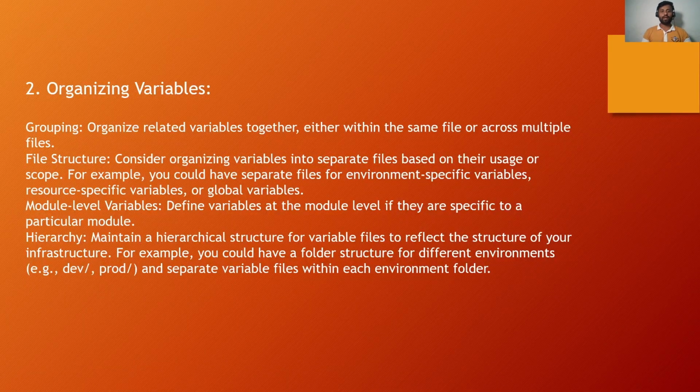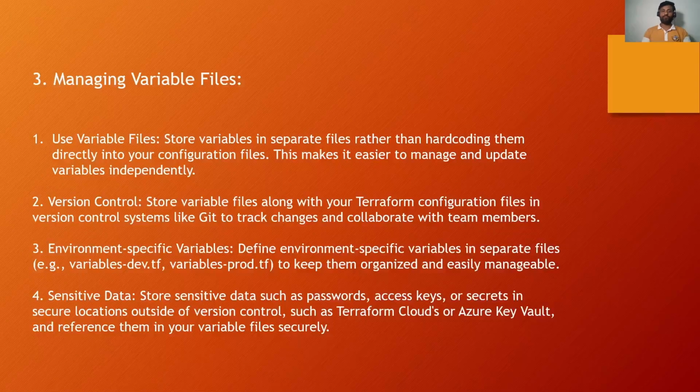Then module-level variables: define variables at the module level if they are specific to a particular module. Then hierarchy: maintain a hierarchical structure for variable files to reflect the structure of your infrastructure. For example, you could have a folder structure for different environments, that is dev and prod, and separate variable files within each environment folder.